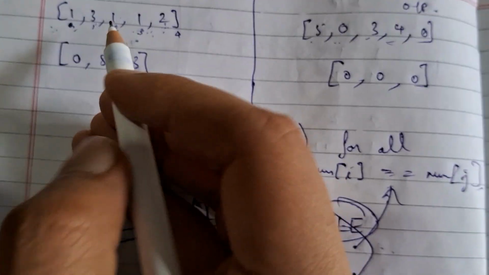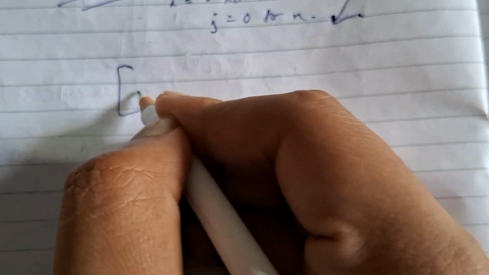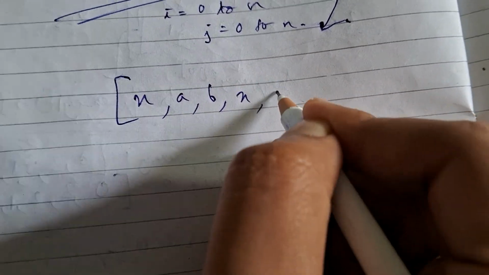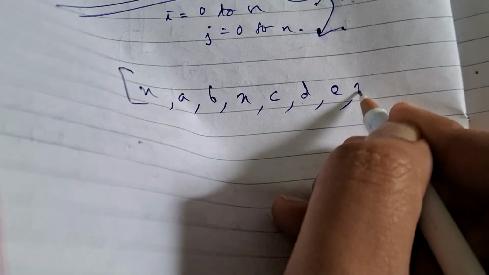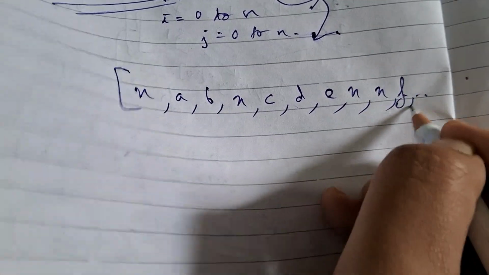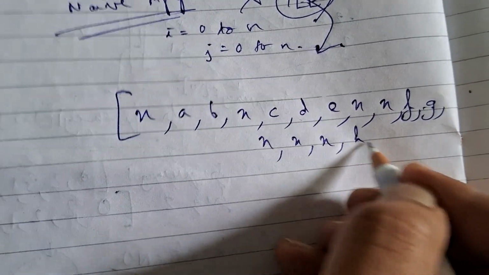If you notice one thing, let us consider there is x, a, b, x, c, d, e, x, x, dot dot dot, e, f, g, x, x, x, h, i.